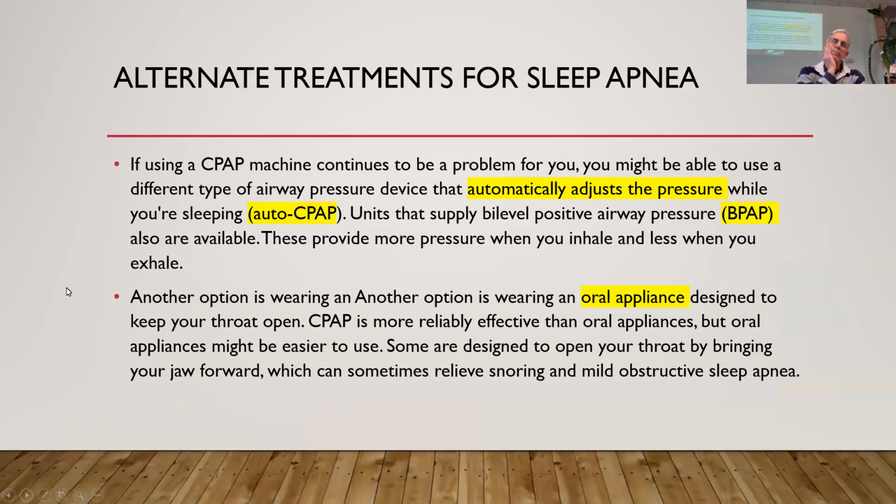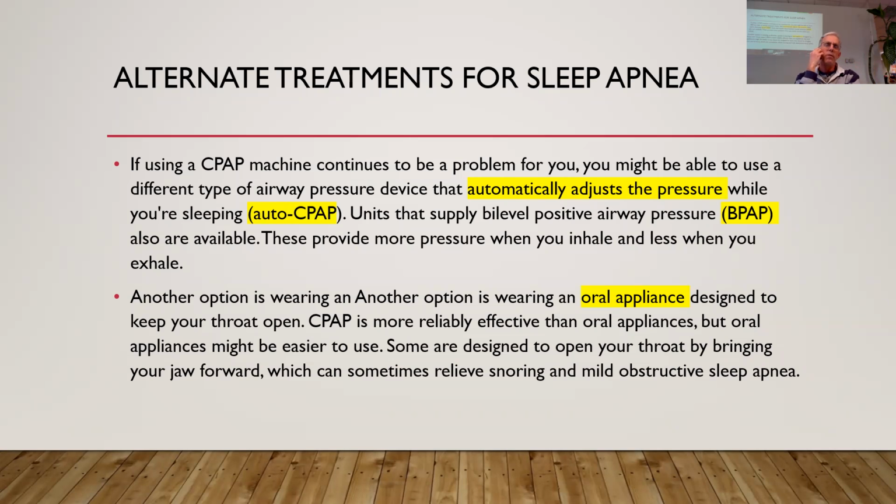So in terms of treatments, you might be able to use a different kind of device. The CPAPs of 15, 20 years ago are no longer in use today. The technology keeps improving. There are some that auto adjust to your normal breathing. In other words, the device detects your normal breathing and will actually try to keep that pattern up while you're asleep, which is good.